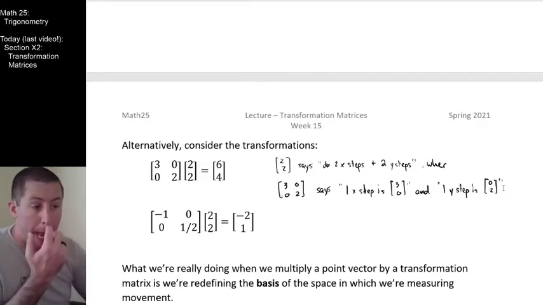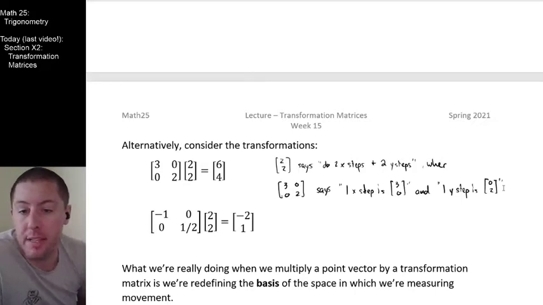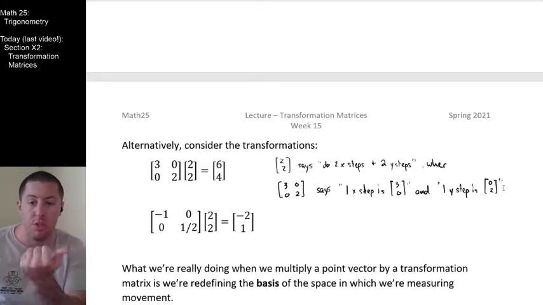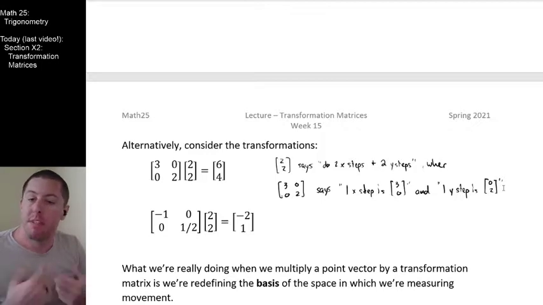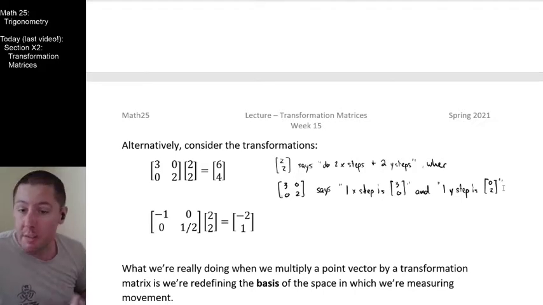So this is you saying, all right, listen, what I'm traditionally used to doing is saying, if I say do 2 x steps and 2 y steps, you would go 2 to the right and 2 up. What we've done by applying this transformation matrix is saying, listen, you're still going to do 2 x steps and 2 y steps. We're just redefining what an x step is and what a y step is. Now 1 x step is really 3 steps to the right, and 1 y step is really 2 steps upwards.